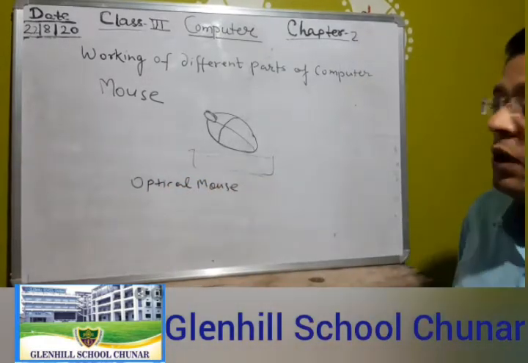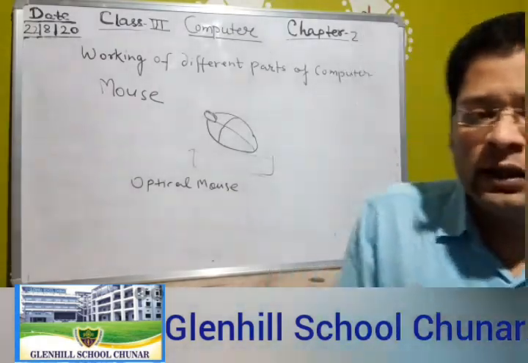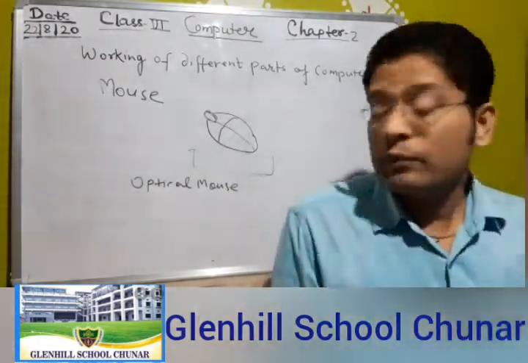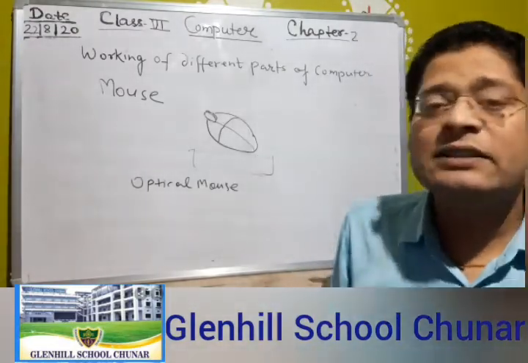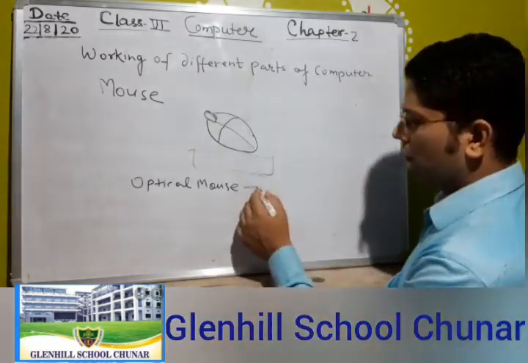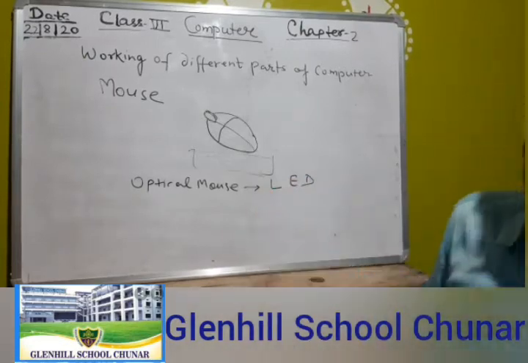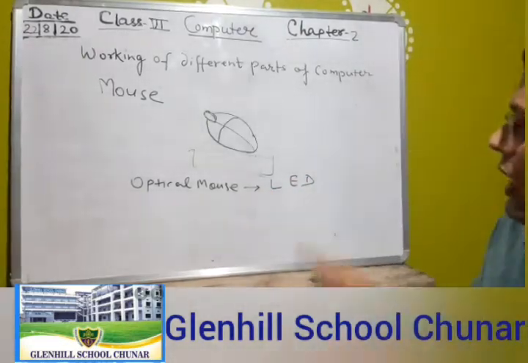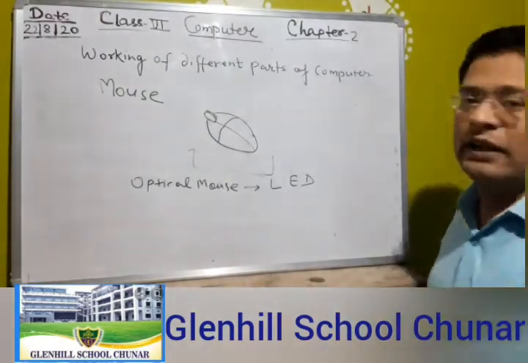The optical mouse has no rolling ball. Okay, yeah. So the optical mouse has a light, and that light is called an LED. Yes, LED light is in the optical mouse. LED means light emitting diode.